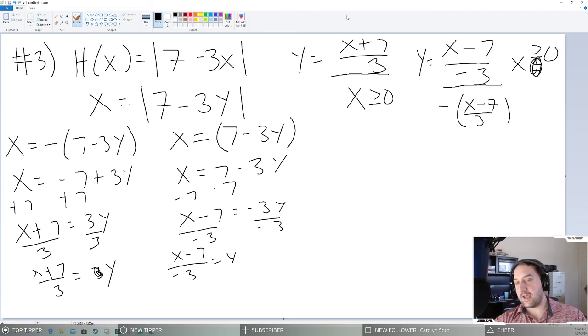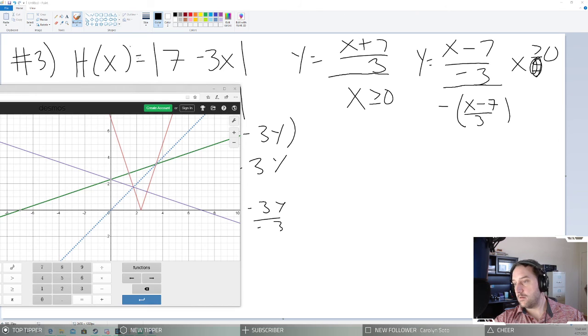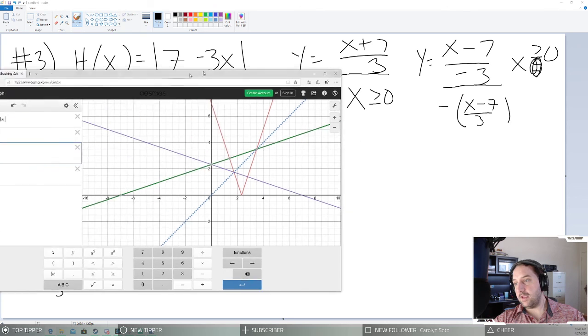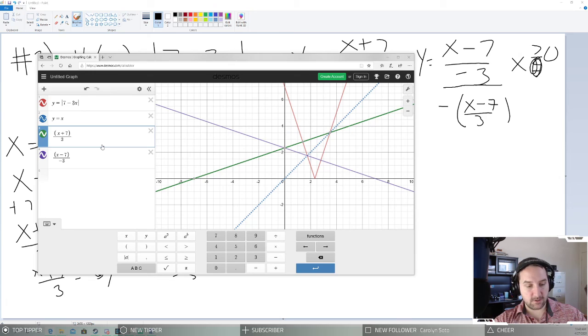So on both of them, they have to be that, because we don't want the line to extend all the way through. And if I go ahead and show that, it's going to cut off.